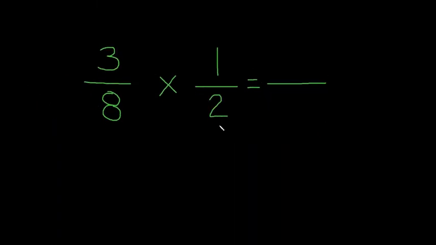Our last one, we're multiplying. We don't need common denominators. We simply multiply straight across. But before we do, let's check our diagonals.